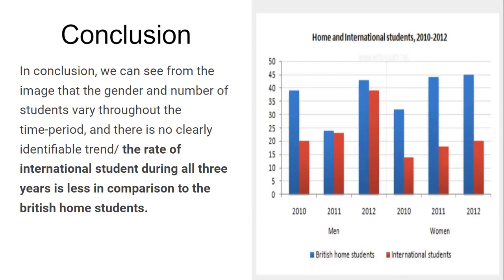In conclusion, we can see from the image that the gender, that is men and women, and the number of students vary throughout the time period, and there is no clearly identifiable trend. It's not that it is increasing all the time or decreasing all the time. We cannot say that there is a trend that's being followed. So there is no identifiable trend here.